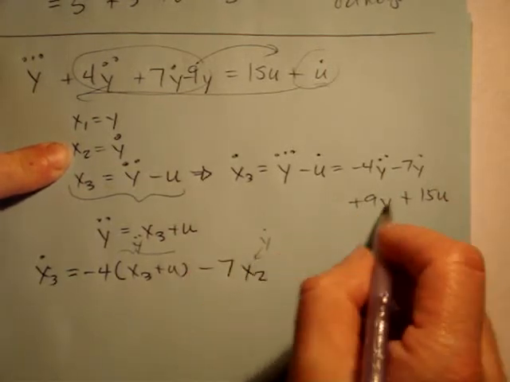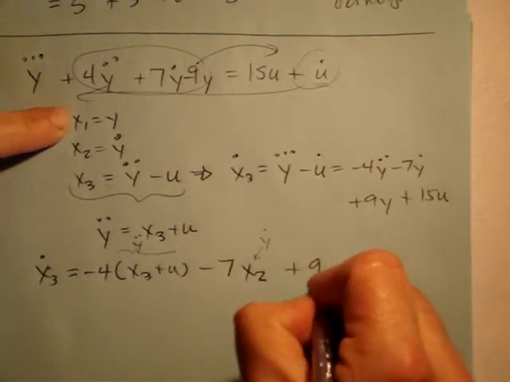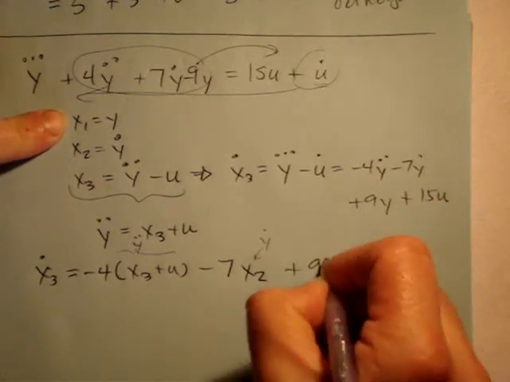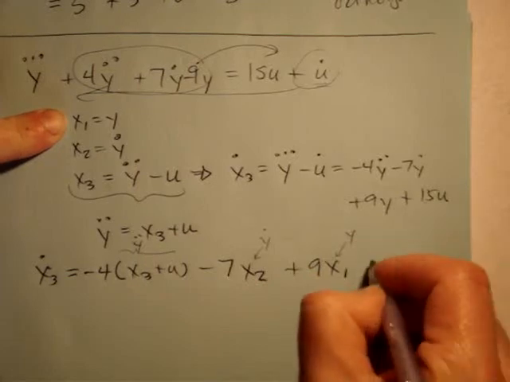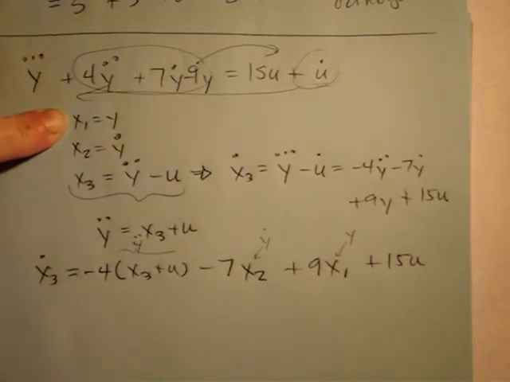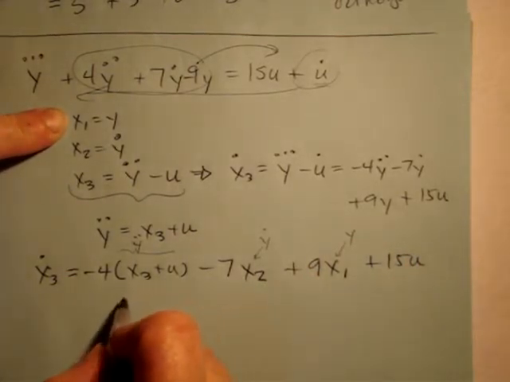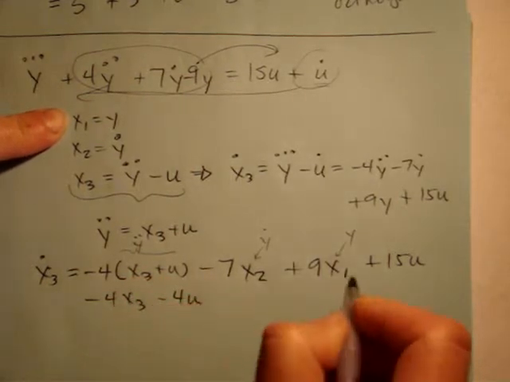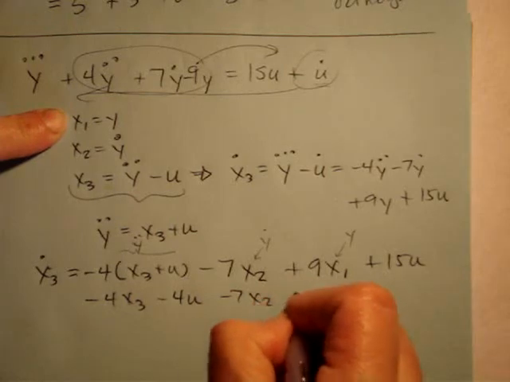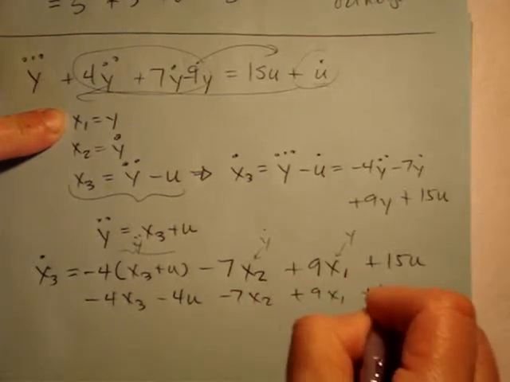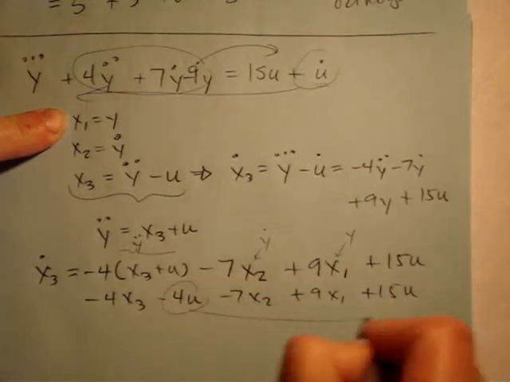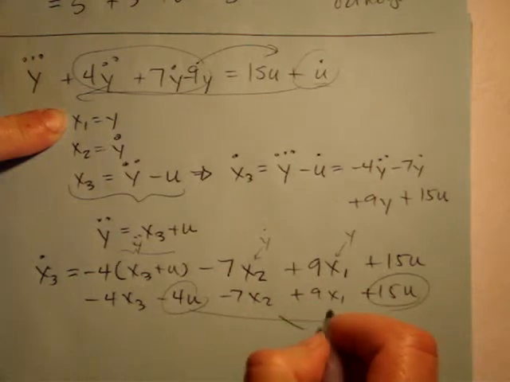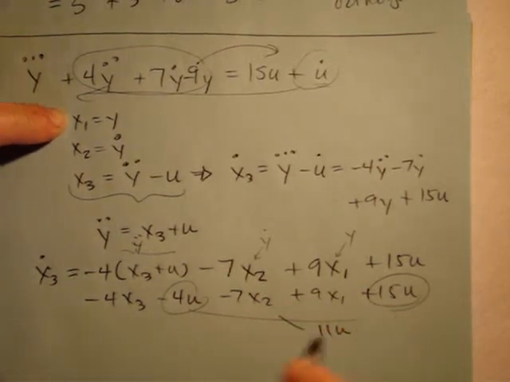Plus 9y, and y is x1. And then plus 15u. So we get negative 4x3 minus 4u minus 7x2 plus 9x1 plus 15u. So our u's will combine to give us 11u.